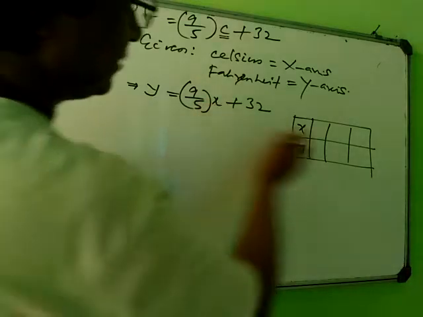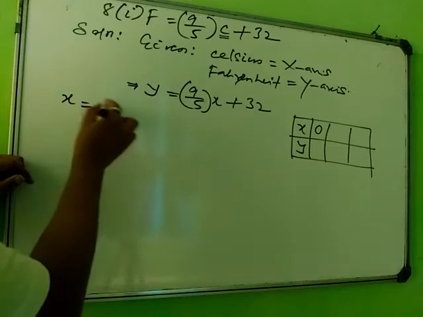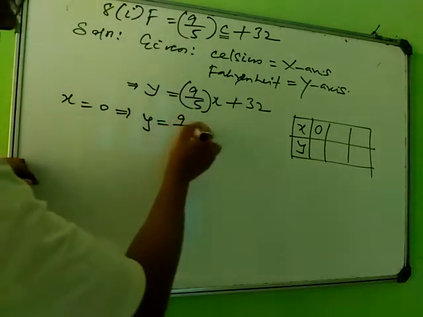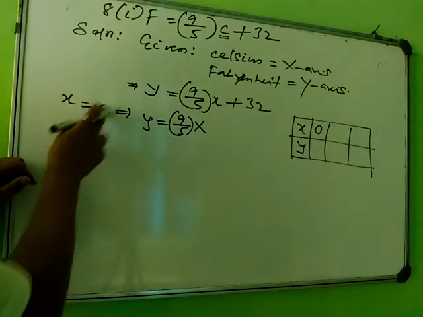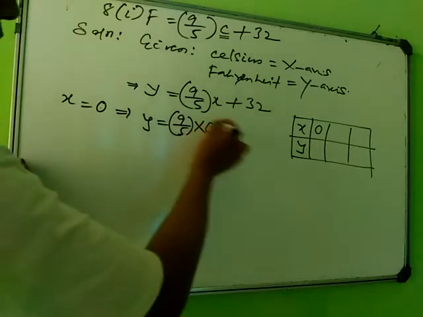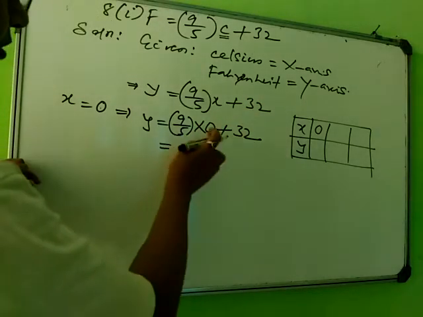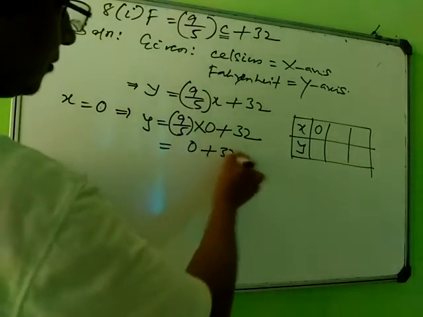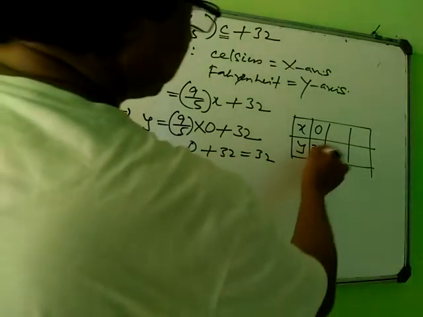Suppose x equals 0. So y equals 9 by 5 into x, x into 0, so 0 plus 32. 0 into 9 by 5 you will get 0, plus 32. So you get 32. So your y is 32.